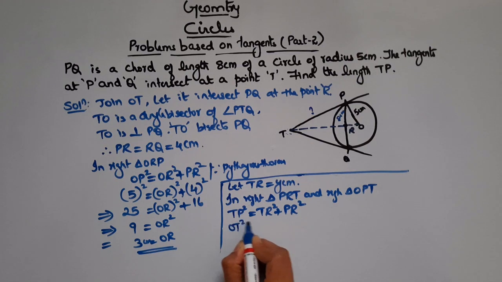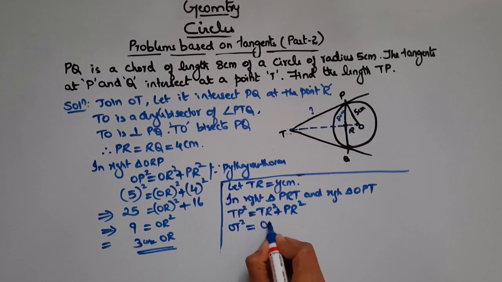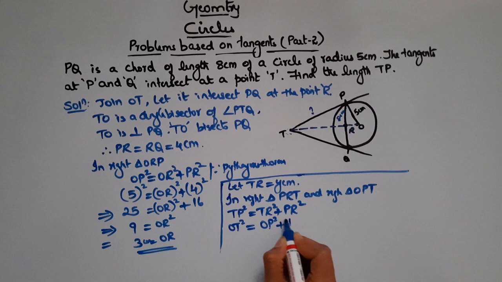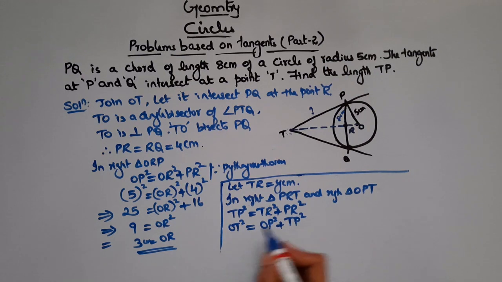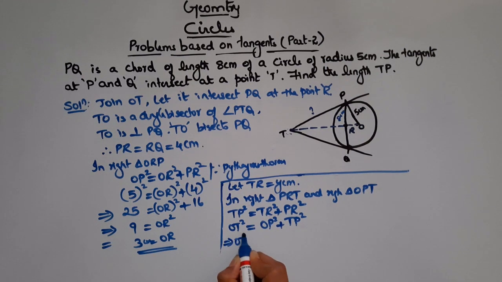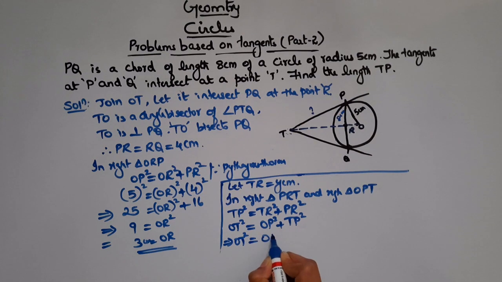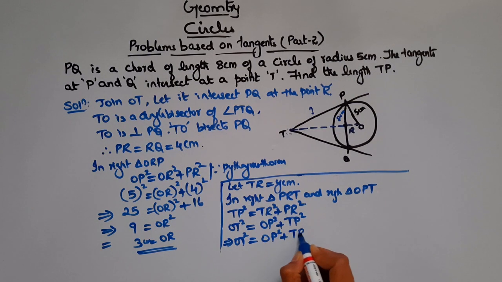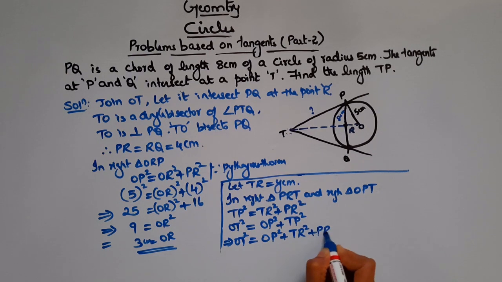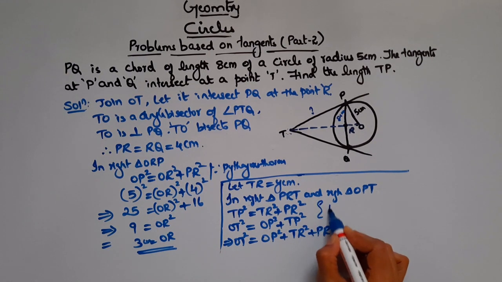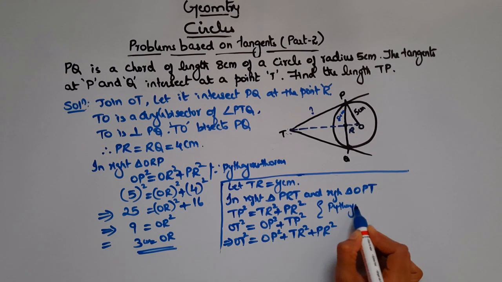So OT square is equal to OP square plus what is TP square? We know TP square is TR square plus PR square, right? So let's substitute that. So here the reason is Pythagoras theorem.